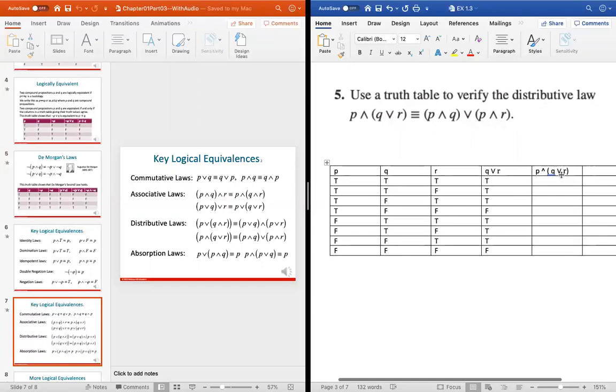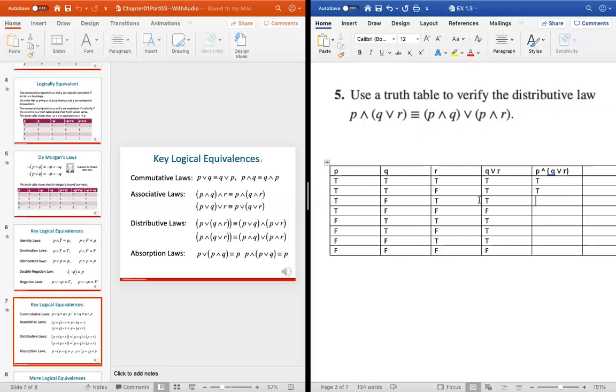So we need this Q or R in the next step, and then we have this P. So this P here and this Q or R, we have to do the conjunction of these two. Okay, so we take true over here and true over here, it's going to be true. True and true is true.